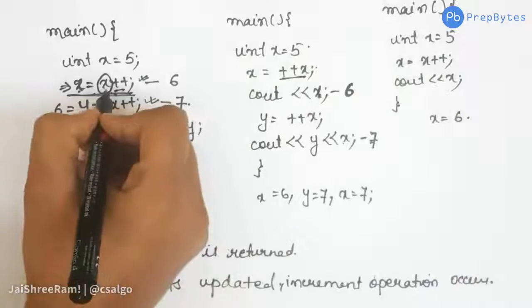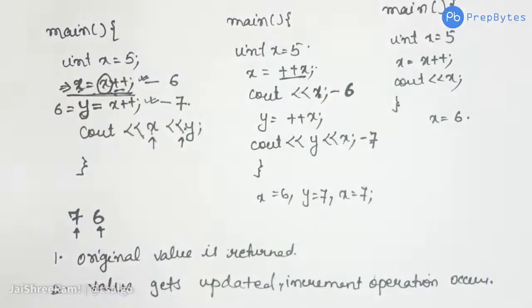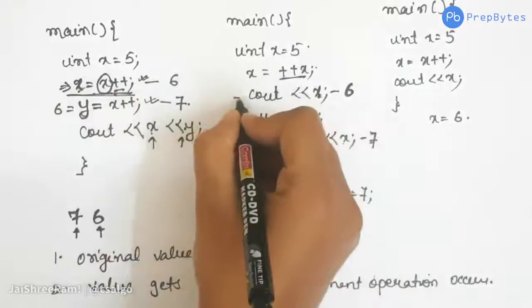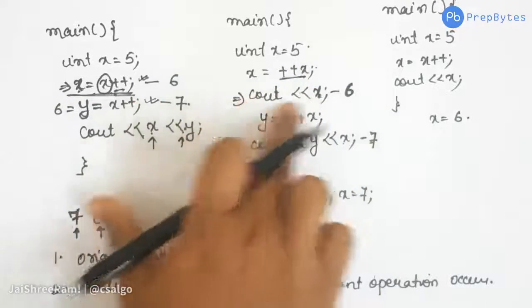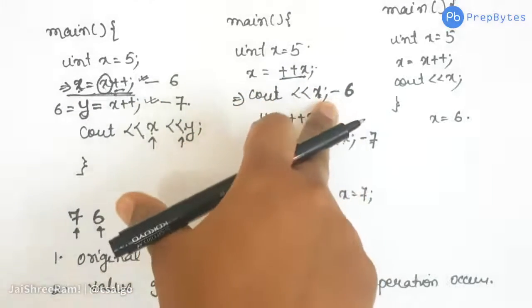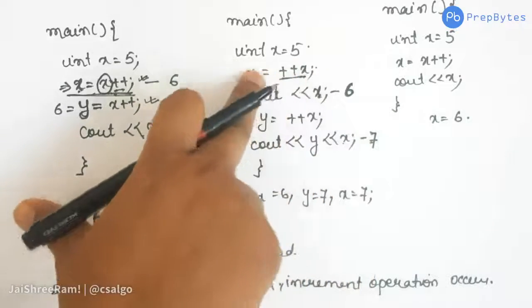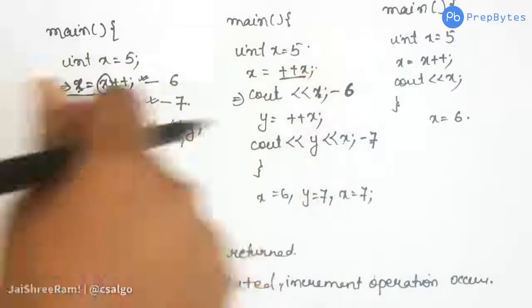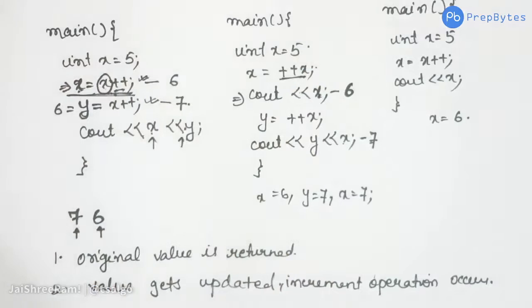Why? Because here x is the value that is getting updated. So I am updating x here and using it here. By the time x comes here, it is already updated. So in such scenarios, whether you use postfix or prefix does not matter.